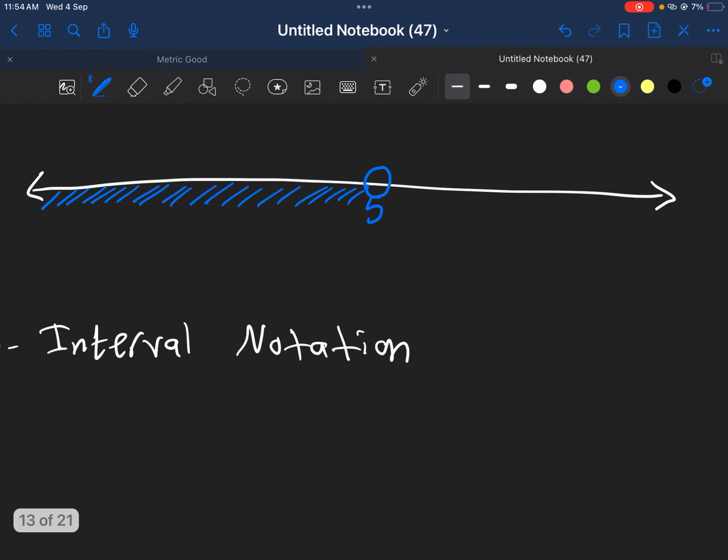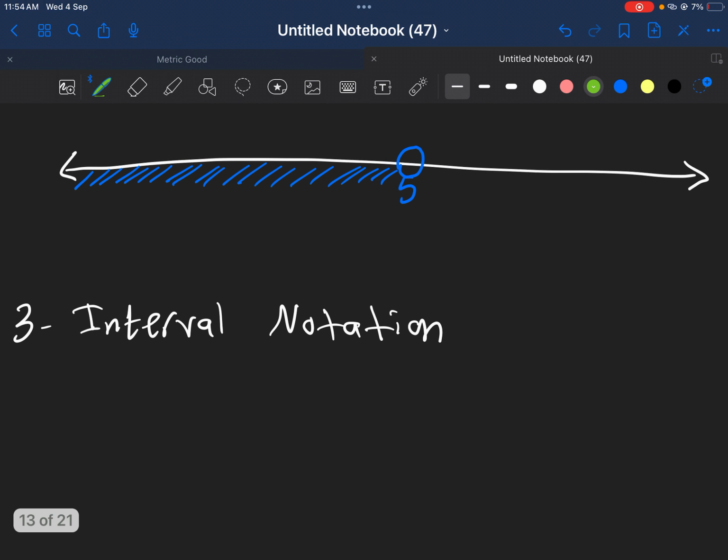The last step is to write the answer in terms of interval notation. What do I mean by interval notation? First of all, where we start shading, we start from negative infinity. Everything. Where did we stop shading? We stop shading at 5.